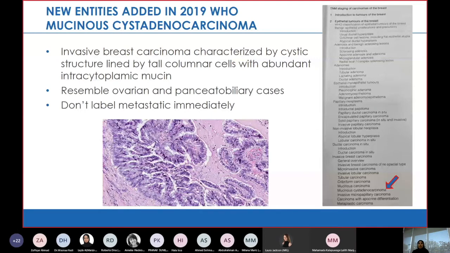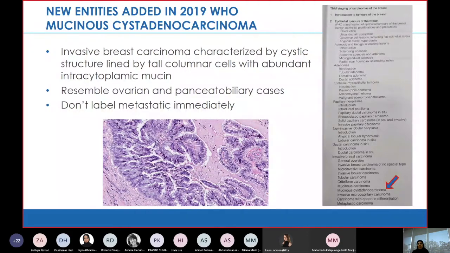So it's a rare case, but in case you came across such a case in the breast, just don't jump to label this as metastatic and think of primary ones. Now, in the literature, in the cases that have been reported, this entity in the breast is positive for CK7, negative for CK20, and negative for CDX2.